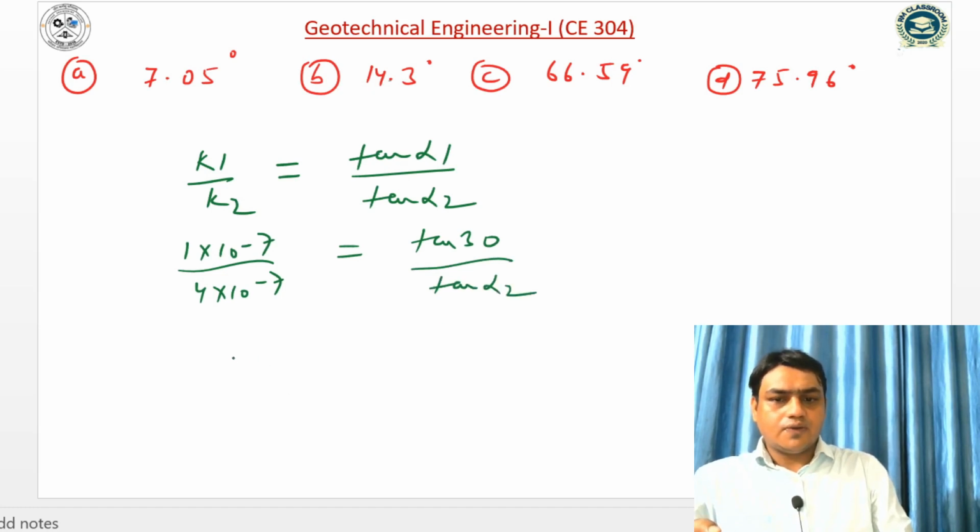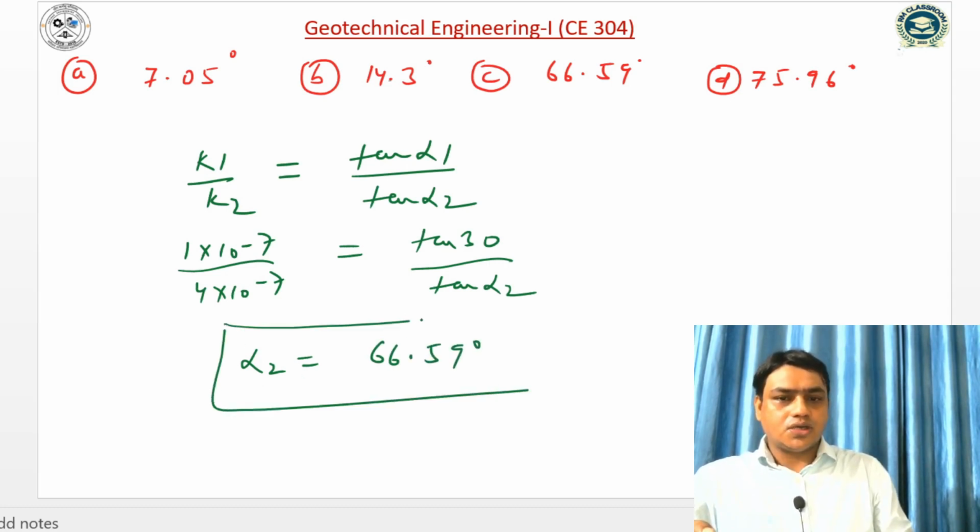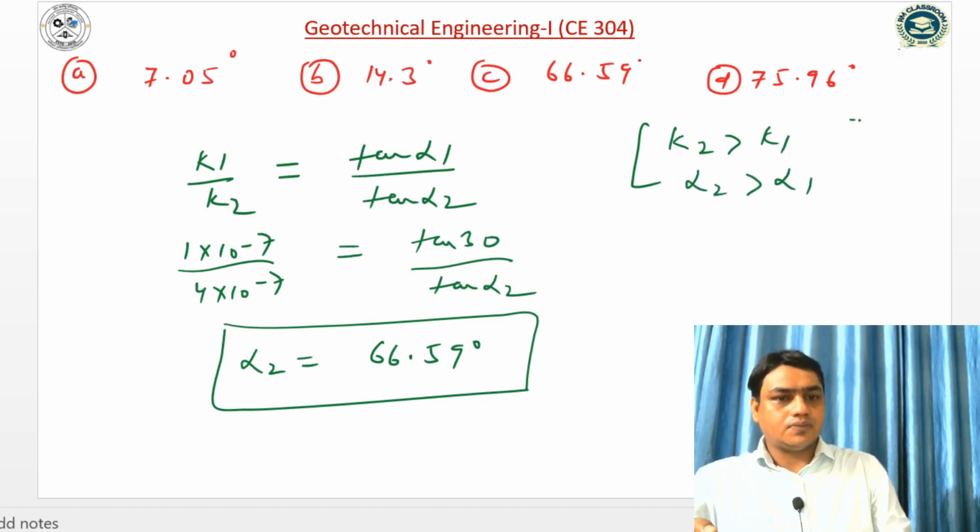Solving, tan alpha 2 is equal to 4 tan 30, so it will be 4 by root 3, and alpha 2 is tan inverse of 4 by root 3, which is 66.59 degrees. As I told you, since the coefficient of permeability K2 is greater than K1, alpha 2 must be greater than alpha 1.